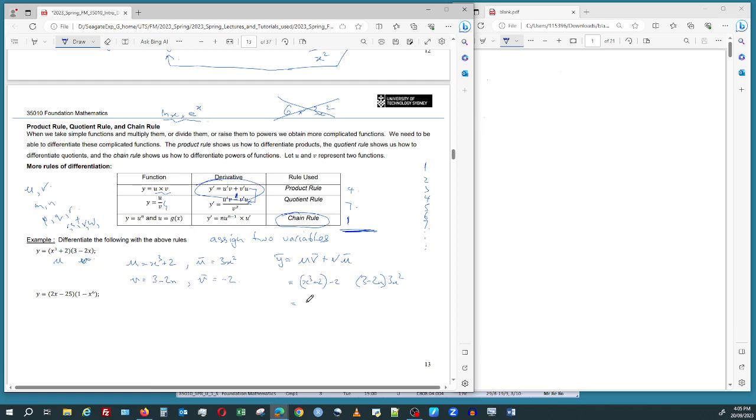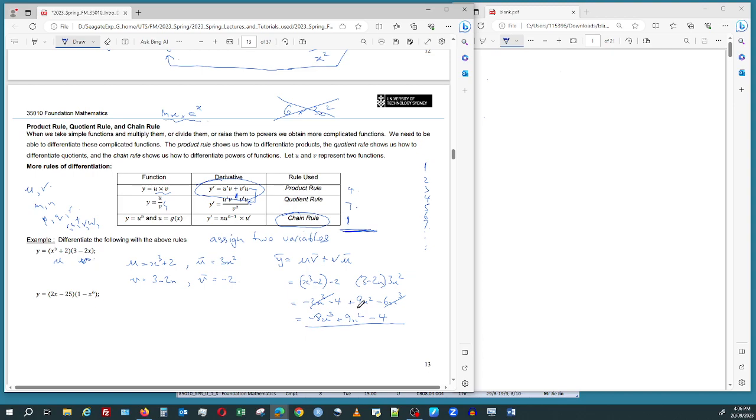Okay, so we're going to get minus 2x cubed minus 4, plus 3 3s are 9x squared, minus 6x cubed. Okay, so minus 6x cubed minus 2 is minus 8x cubed. So they're done. Plus 9x squared minus 4. So that becomes our y dash.